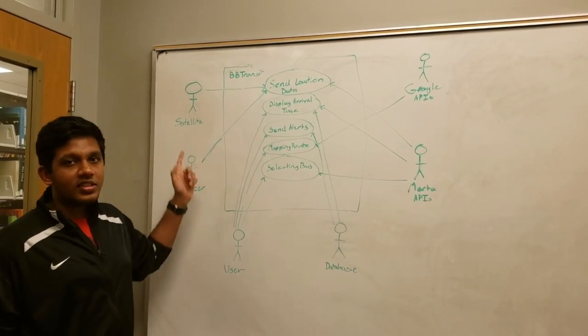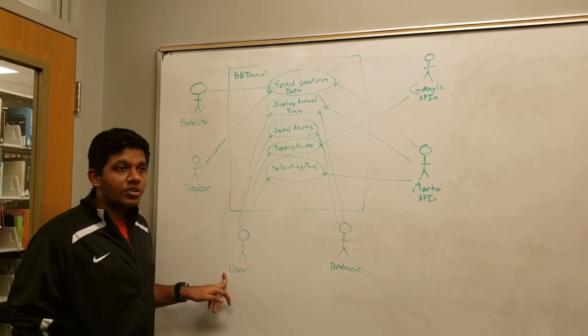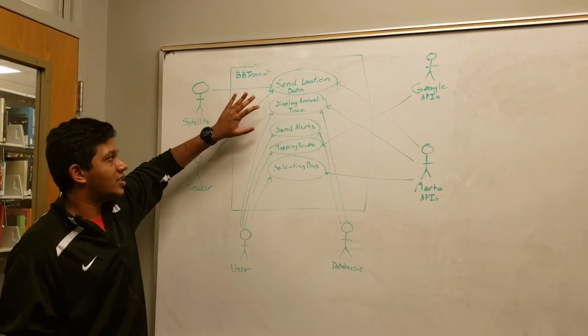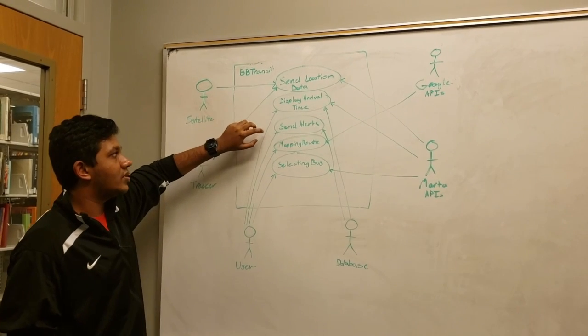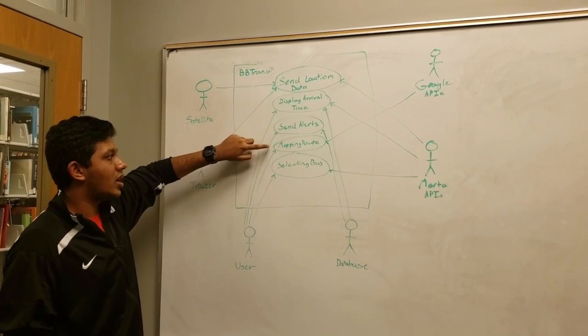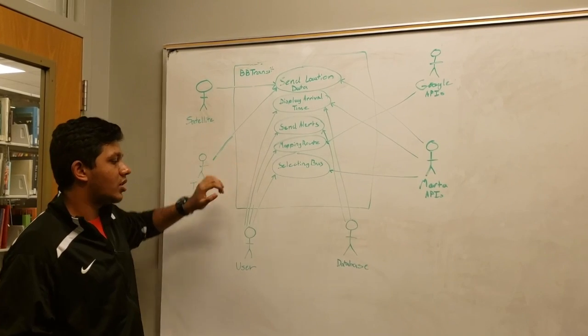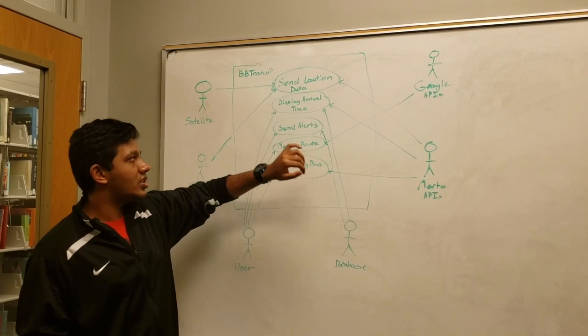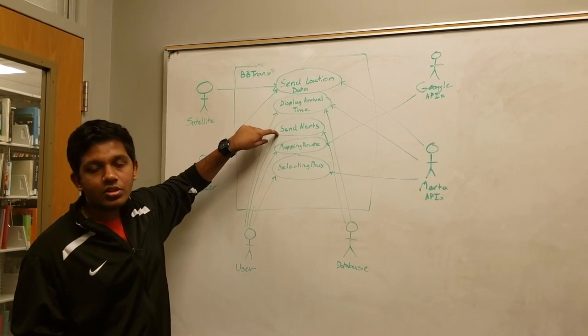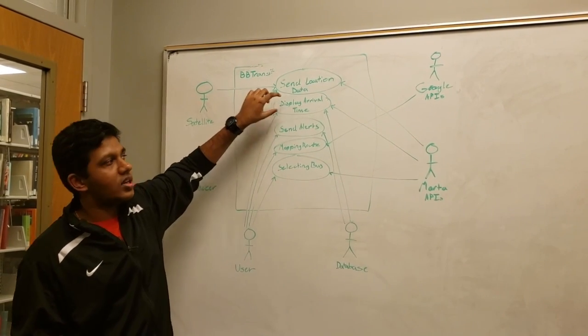So we have 6 different actors. The user is able to access four of the 5 use cases that we have: displaying arrival time, sending alerts, mapping route, and selecting the bus. Another actor that we have is database, who stores this information, which is sending alerts and the arrival times.